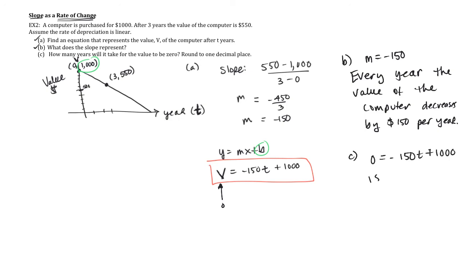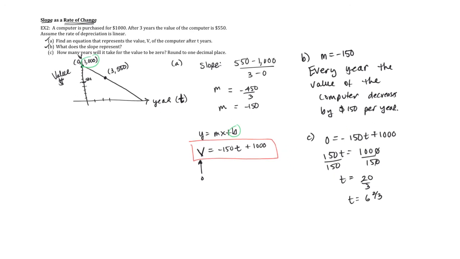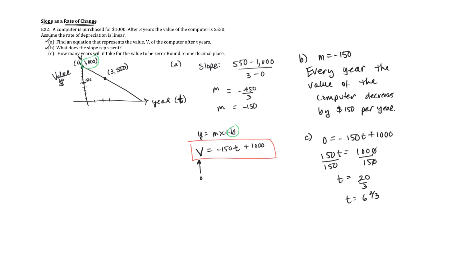We add 150t to both sides and divide through by 150. And we get that t is equal to 20/3, which is 6 2/3. So the time it takes before the computer has 0 value is 6 2/3 years.